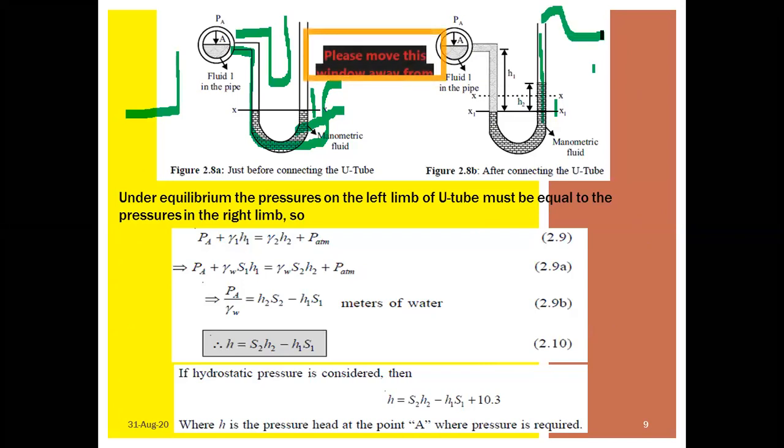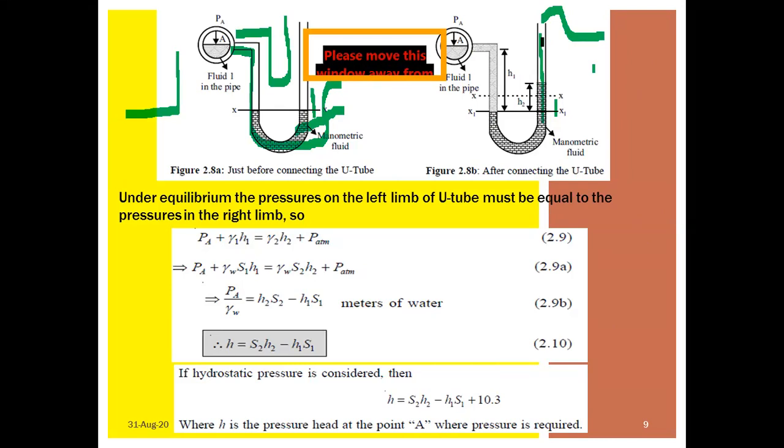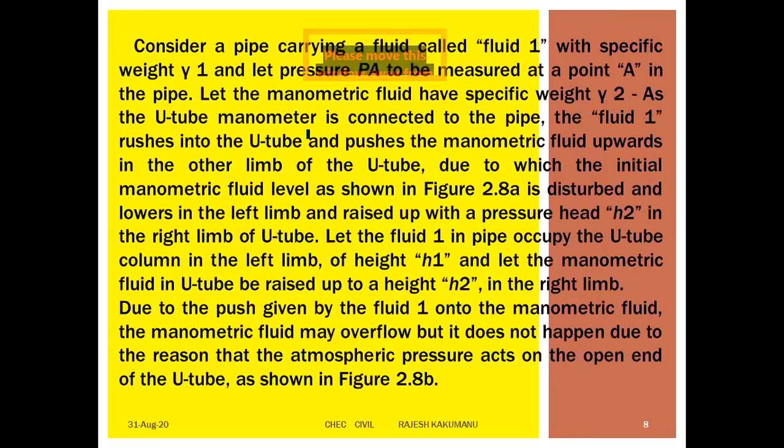Why? Because of the pressures acting inside the tube. Because it is open to atmosphere, it will give some changes in the pressure head, but the water will not go outside. These are the main things.